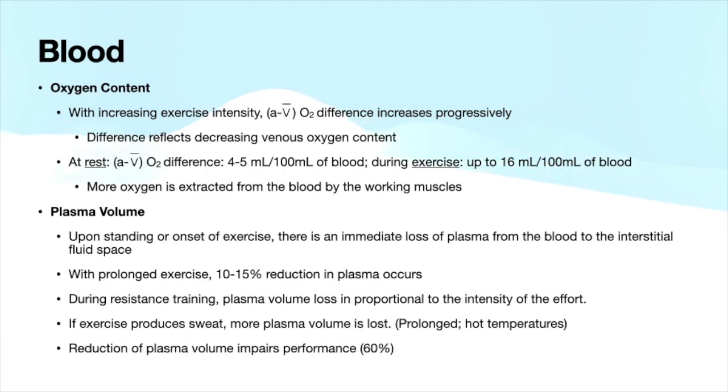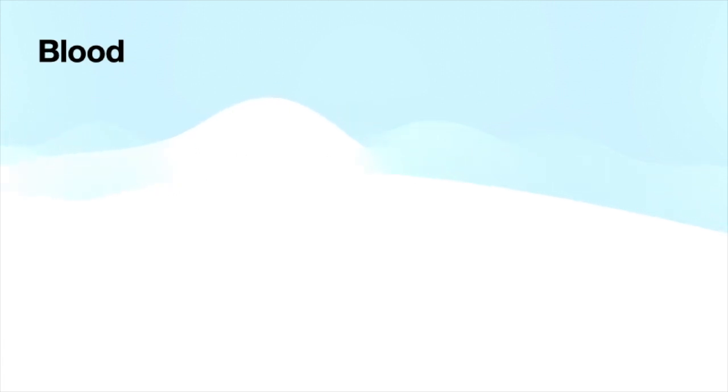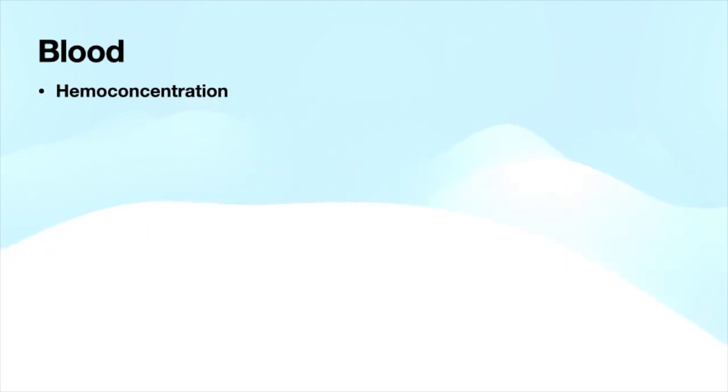Another area that we look into is the hemoconcentration of blood. Hemoconcentration is when your blood becomes more concentrated with hemoglobin, hematocrit, and plasma proteins. Hemoconcentration occurs when plasma volume decreases.